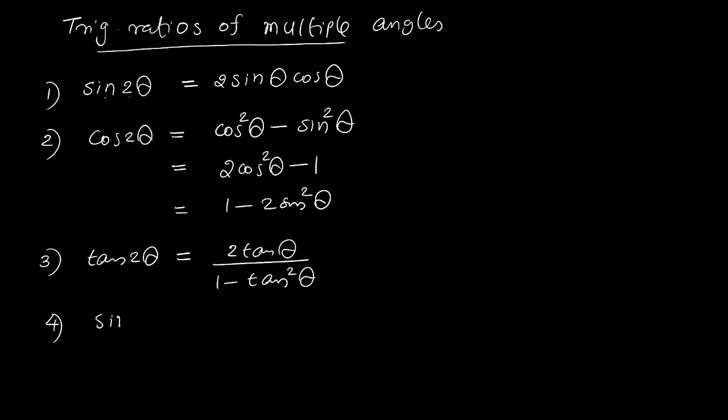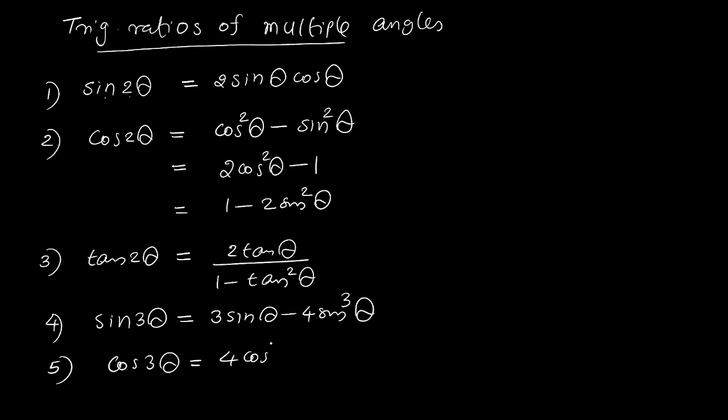Now I am writing the 3 theta formulas. Sine of 3 theta, 3 times theta: 3 sine theta minus 4 sine cube theta. Cos 3 theta: 4 cos cube theta minus 3 cos theta.